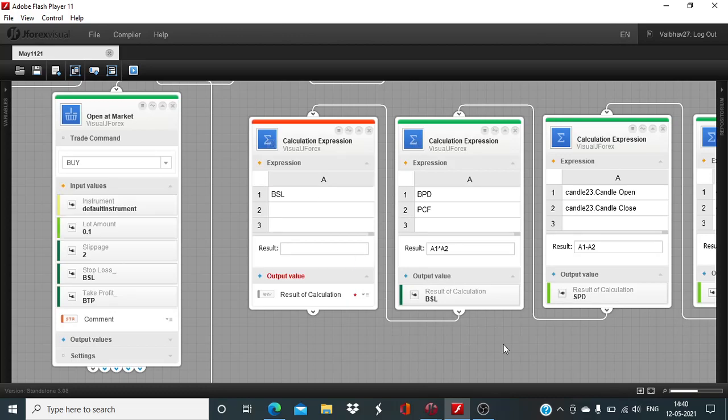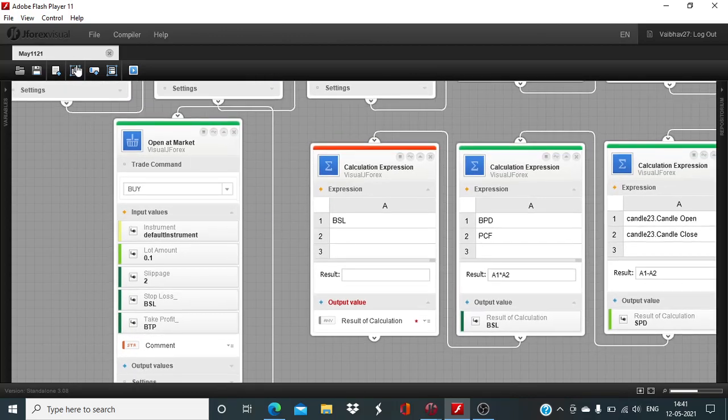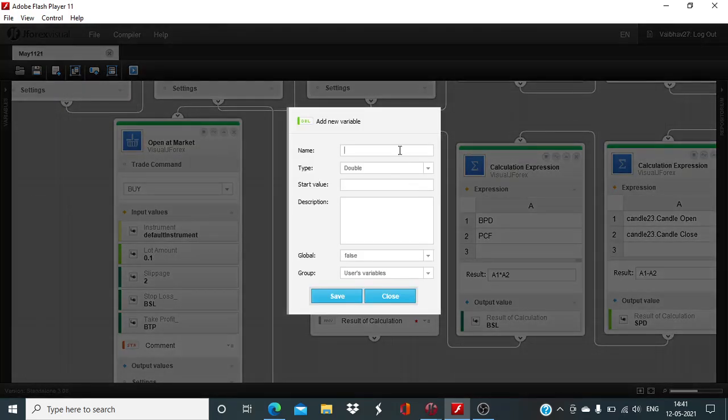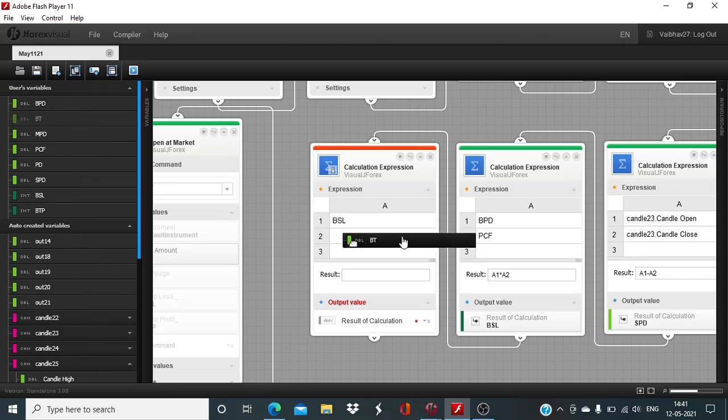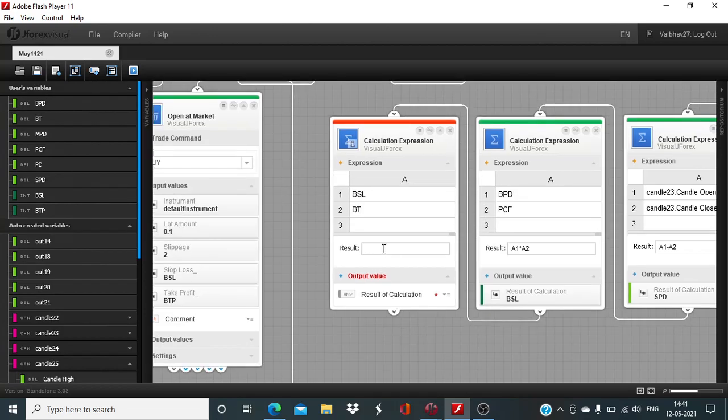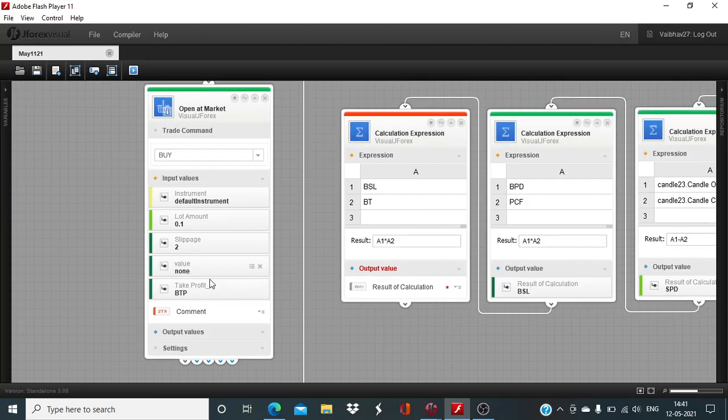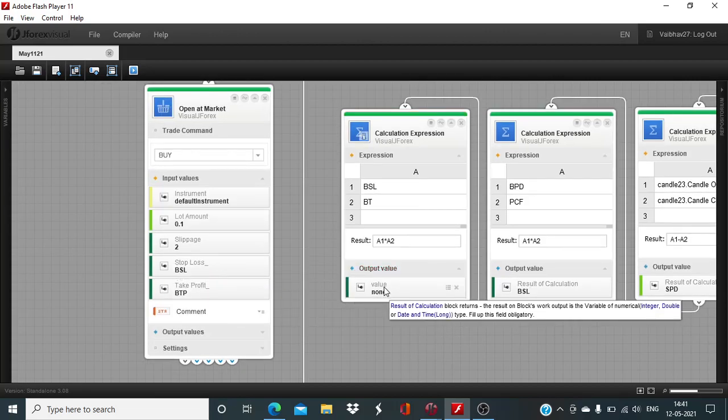And we will use the stop loss and multiply it with 2. So with this we have our take profit defined.